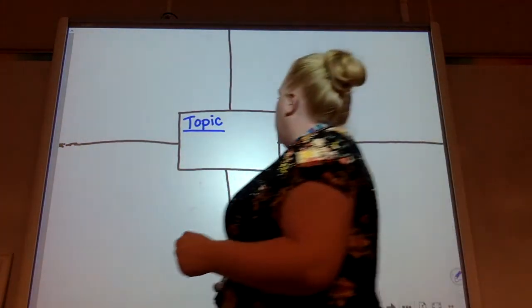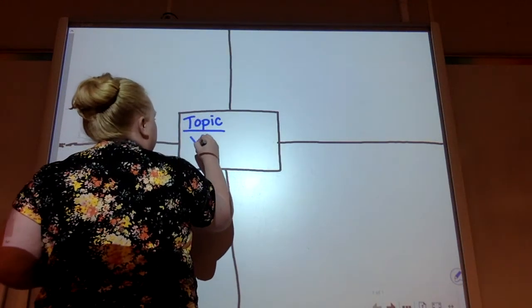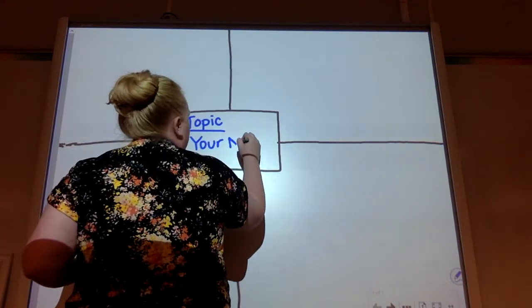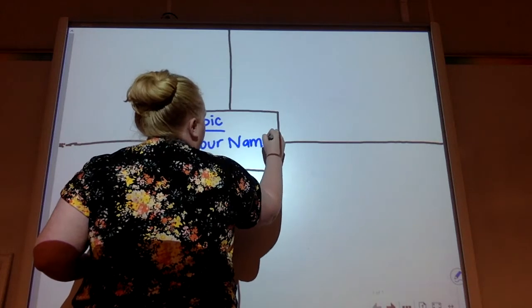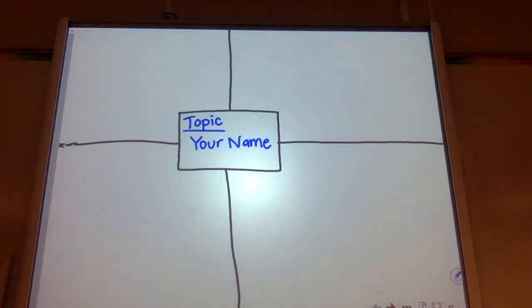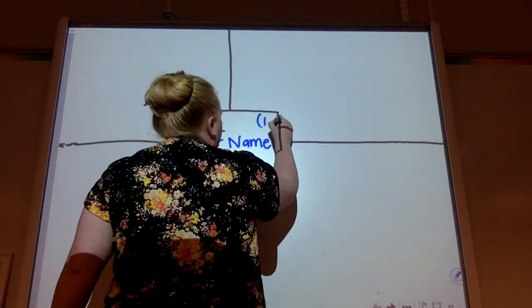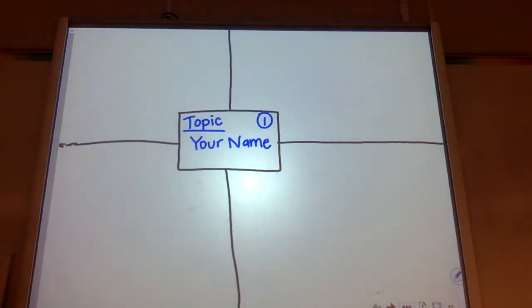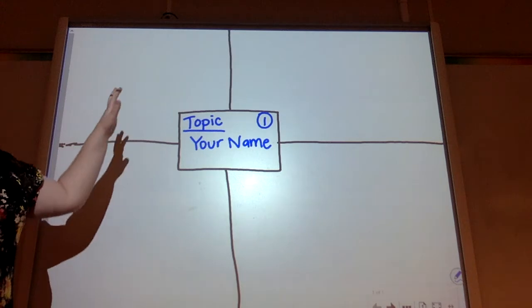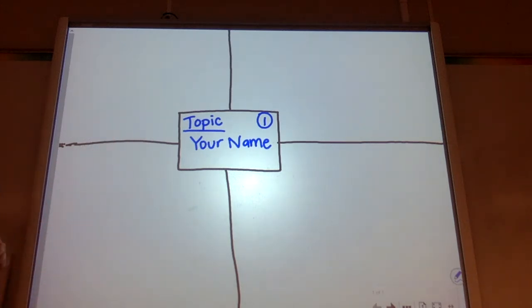Okay, so for the topic, your name here. Then we're going to also label this box with a number 1 because that's going to be your first paragraph, okay? So your first paragraph is not just going to be your name. We're obviously going to include details, and we'll talk about those as we put them in our foursquare.